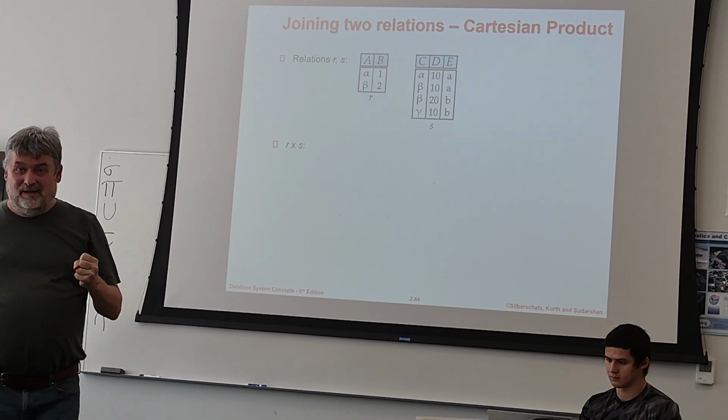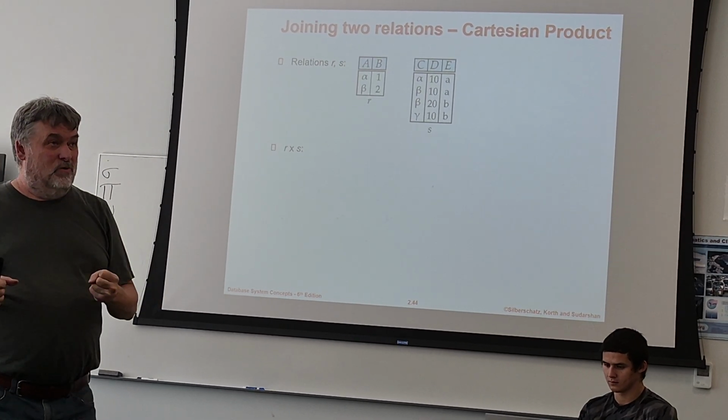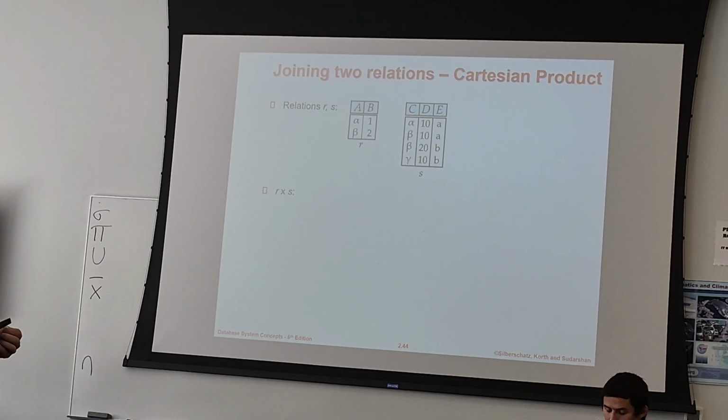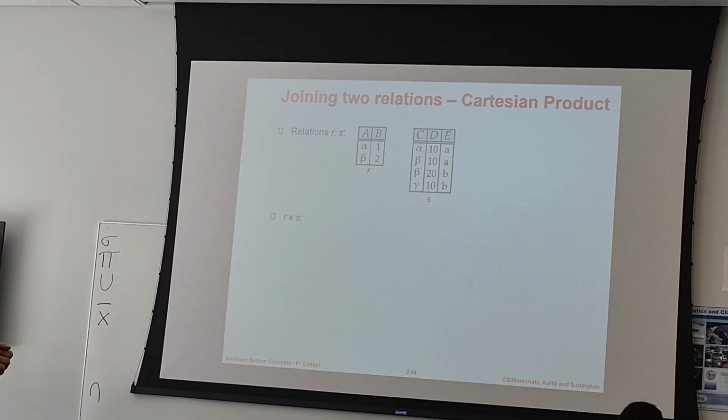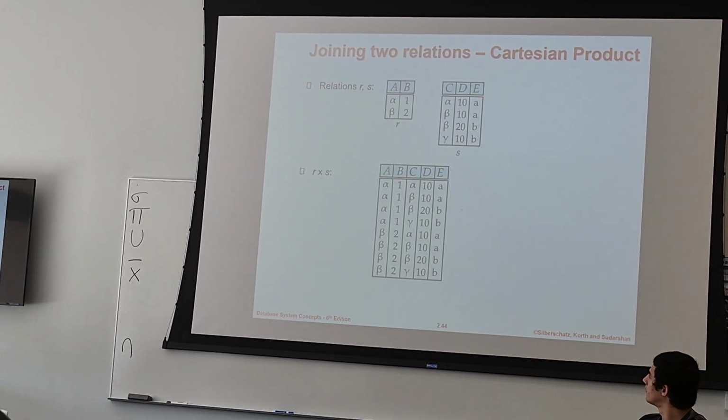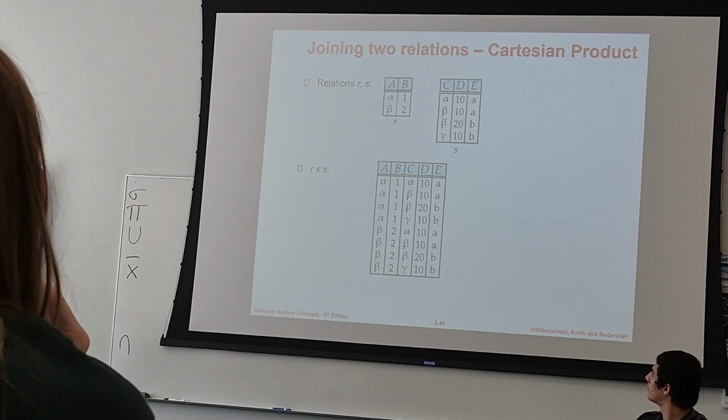Horizontal concatenation, every row in one table gets horizontally concatenated to every row in the other table. R cross S looks like this. Am I right? Did I describe that accurately?